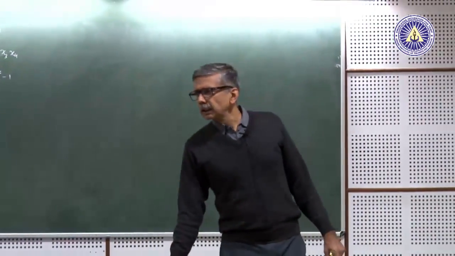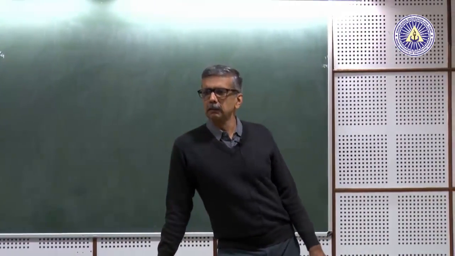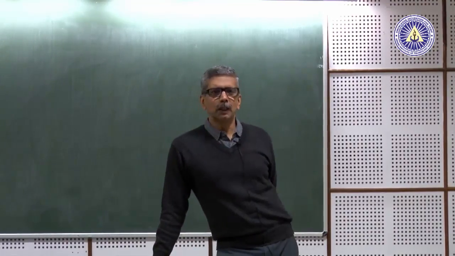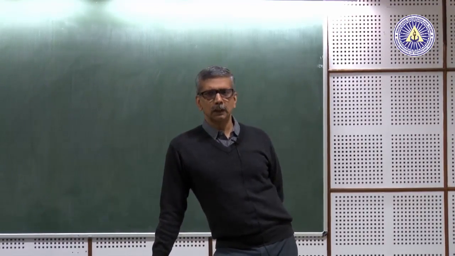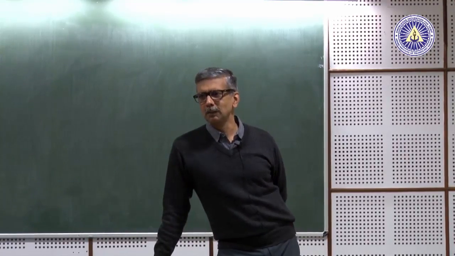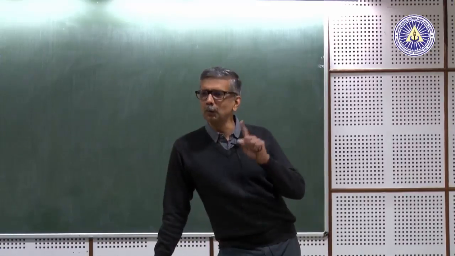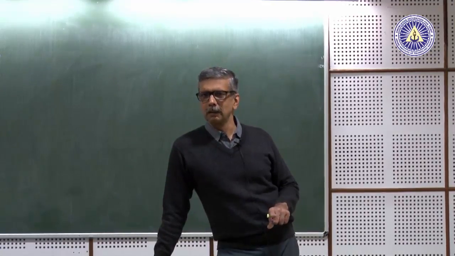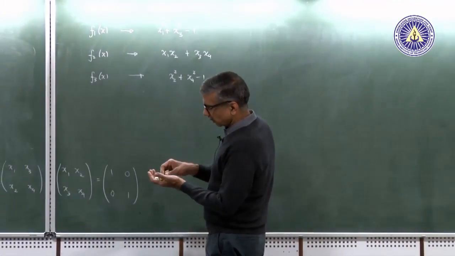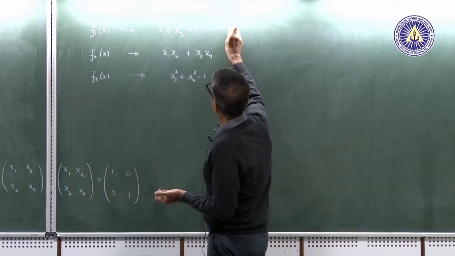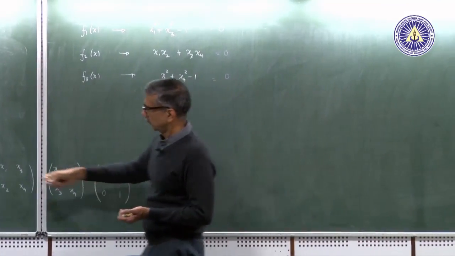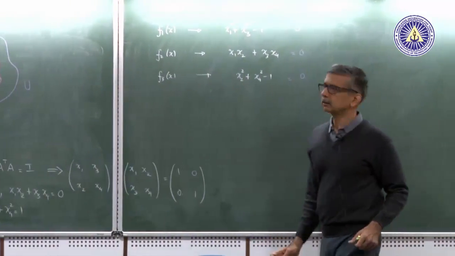As opposed to the circle, what is different here? In the circle you had just one function. Now I seem to have landed up with 3 functions. In the circle, x1 squared plus x2 squared minus 1 was the function, and that equal to 0 was the circle. Correct? Now I seem to have 3 functions. Now if each of these equals 0, then the matrix is orthogonal.